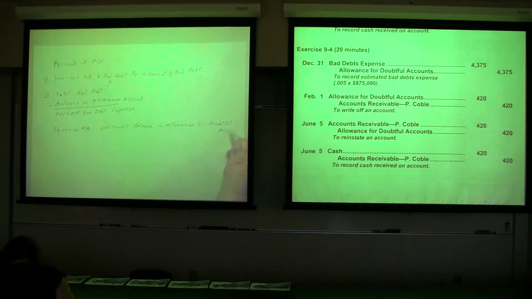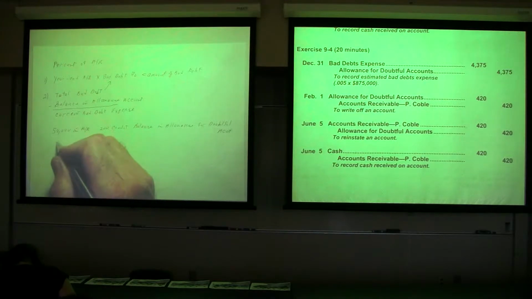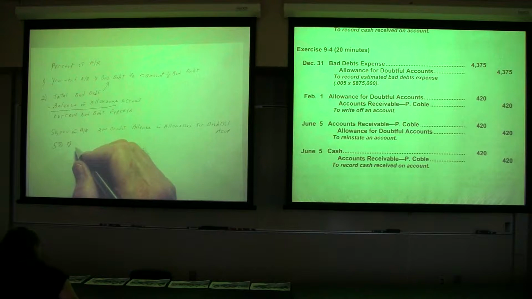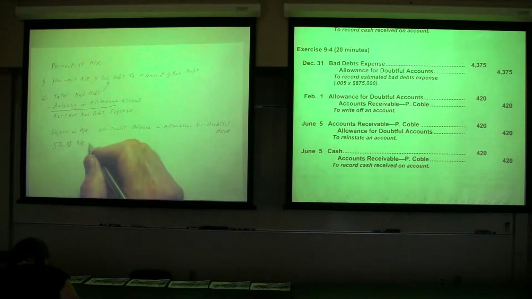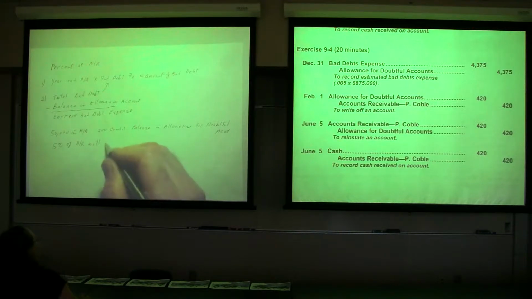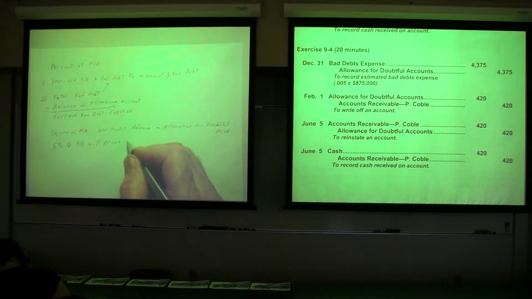I will write ACCT for account, okay? And you estimate that 5% of receivables, I'm going to call it AR, will prove uncollectible.